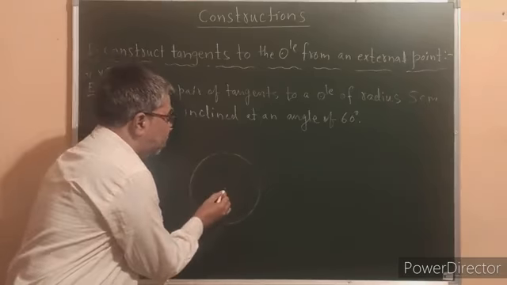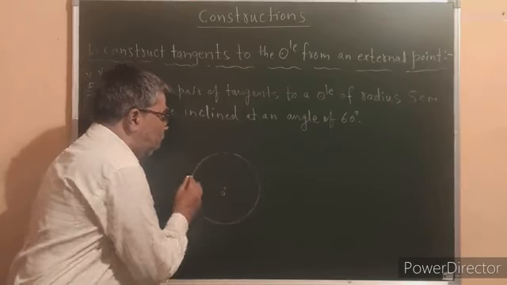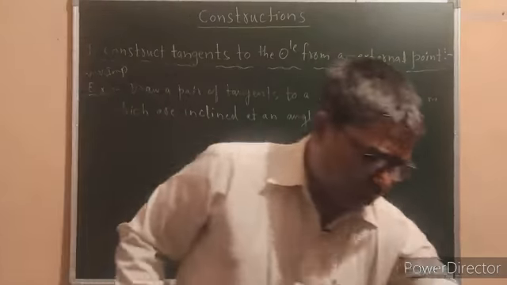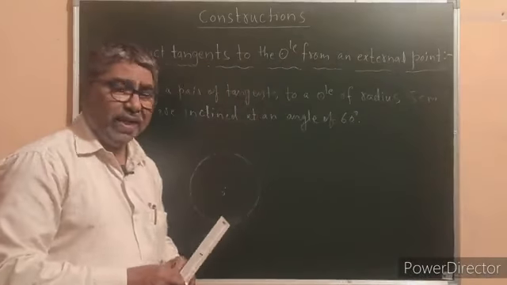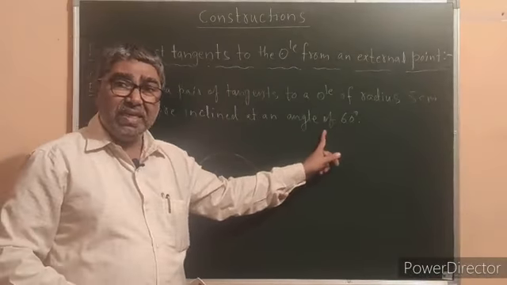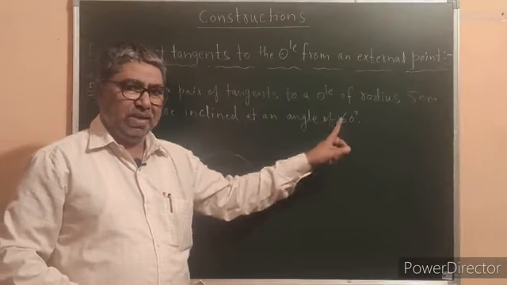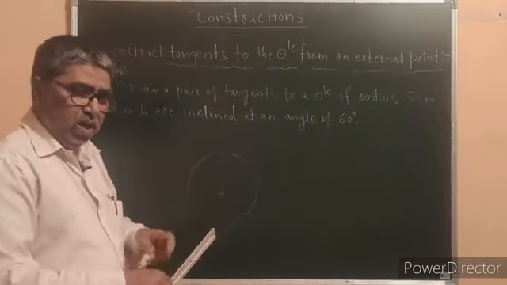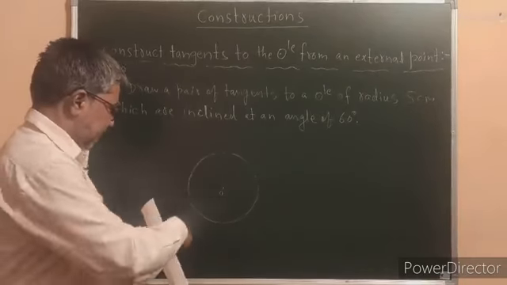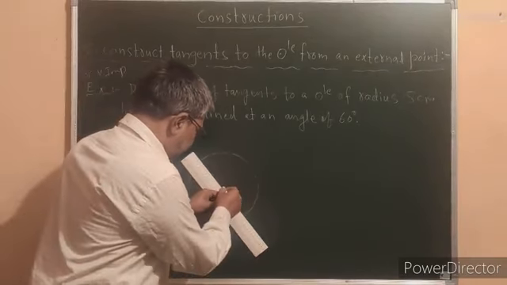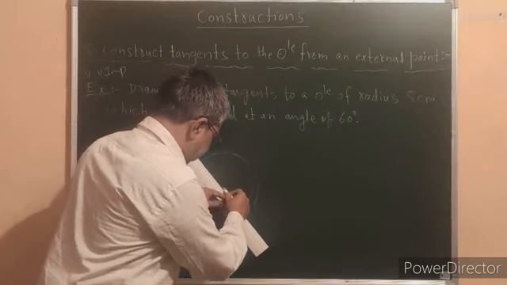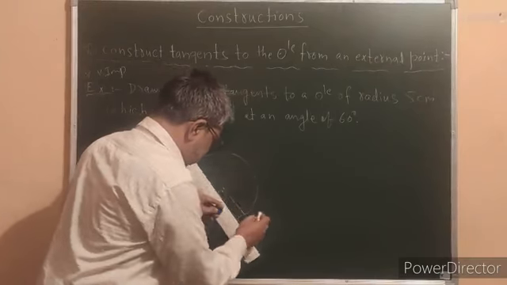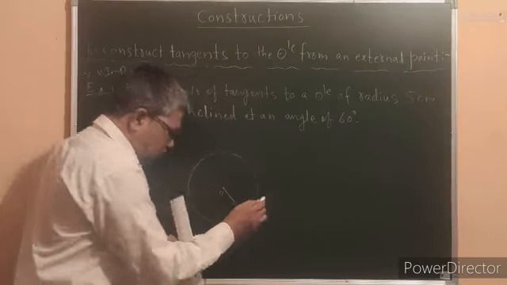Call the center of the circle as O. Now to construct 120 degrees, that is 180 minus 60, draw one radius and call this radius as OA.